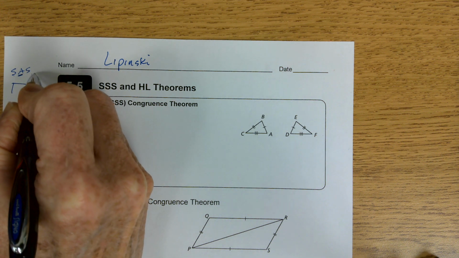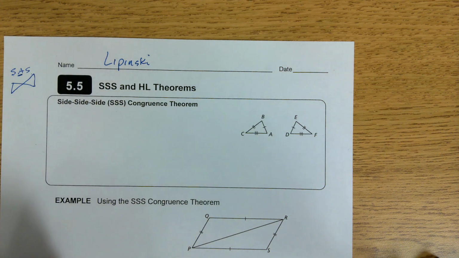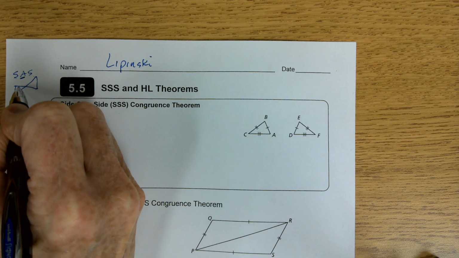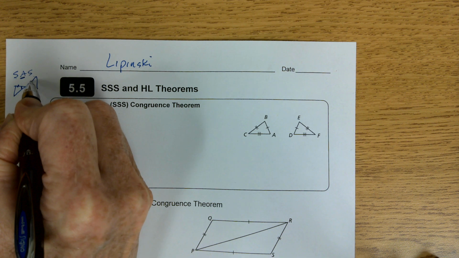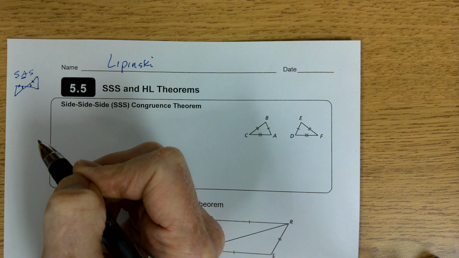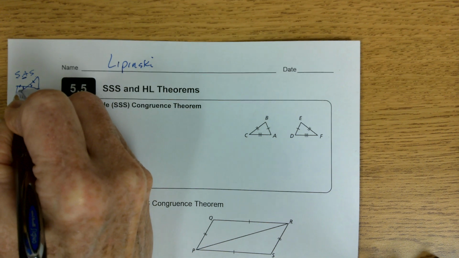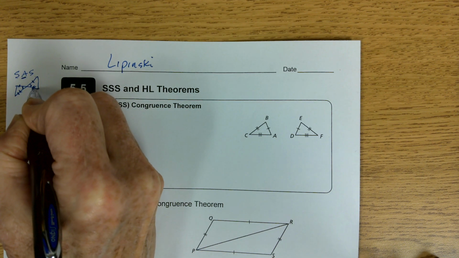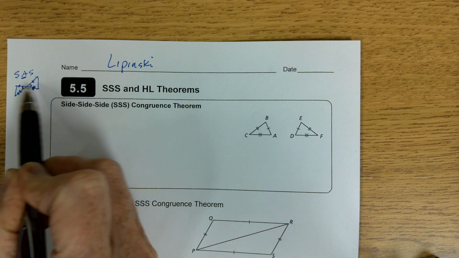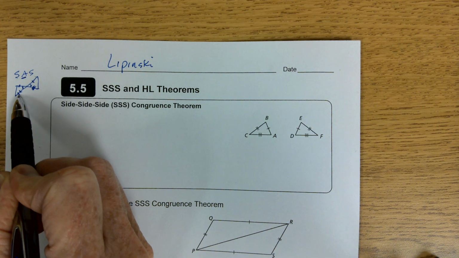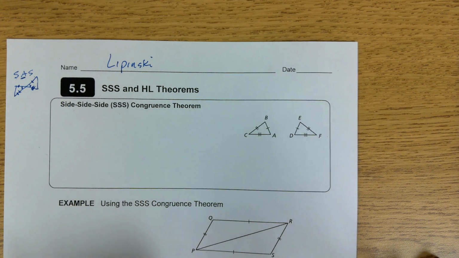For instance, if I wanted to show these two triangles are congruent, I could use this angle, one pair of sides, and then a second pair of sides. When I do that, that'll give me side, angle, side, and the two triangles are congruent to each other.